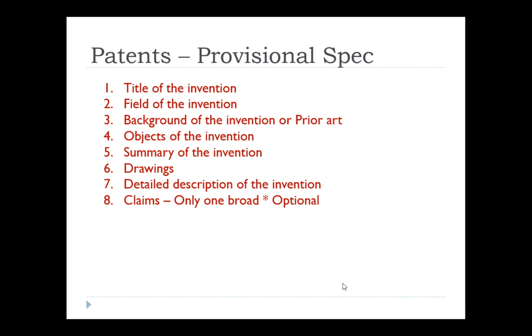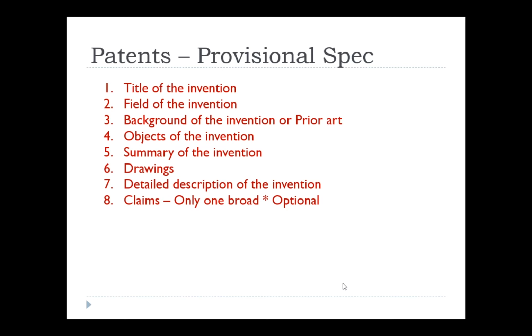In that case, what table of contents should be there in any patent? First one, title of the invention. Even for this, there is a set of rules and regulations on how you should coin a title. It should be very clear. Coining a title also has its own identity.